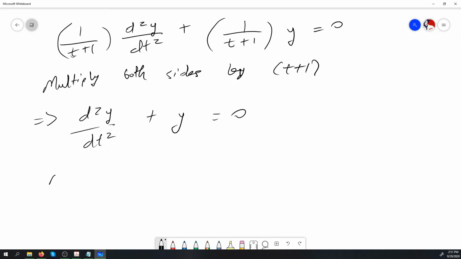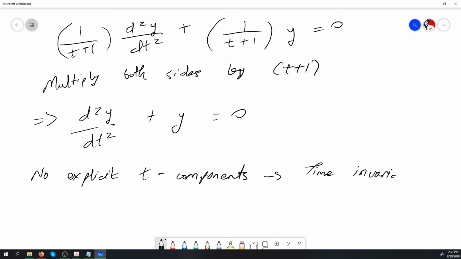And there aren't any explicit t components here. So this means that the equation is time invariant.